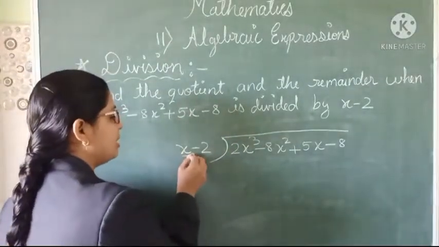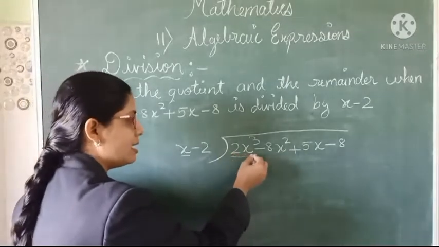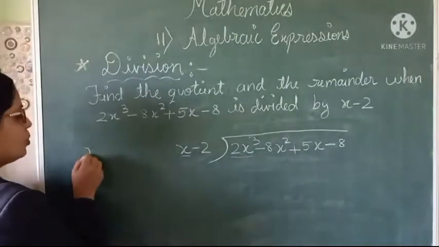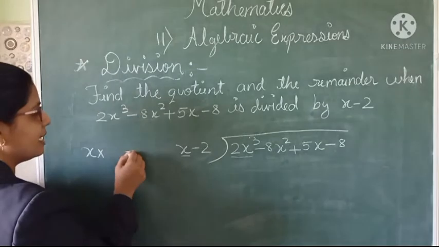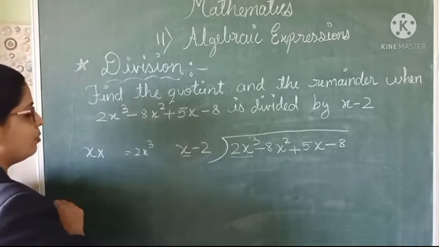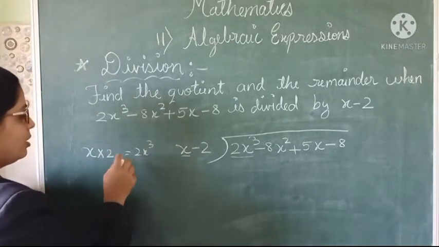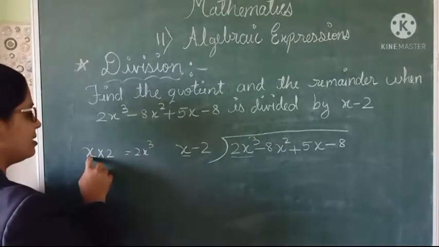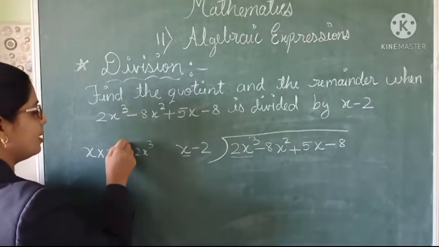Now, what should be multiplied to x to get the answer 2x cube? So, x multiplied by what to get the answer 2x cube? What will I multiply? 2 I want. A 1x is there, again 2x I want. So, x square.